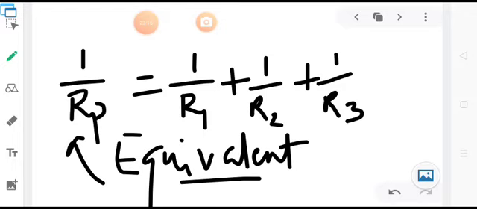Now let's get a very quick understanding of both types of combinations, as to how each actually operates. See how current flows through a series combination of resistances. As I was telling you, there is a single path for the flow of current. See, this is how it functions. There are three resistors R1, R2 and R3, and this is how current is flowing through. The same current is flowing through all the resistances.